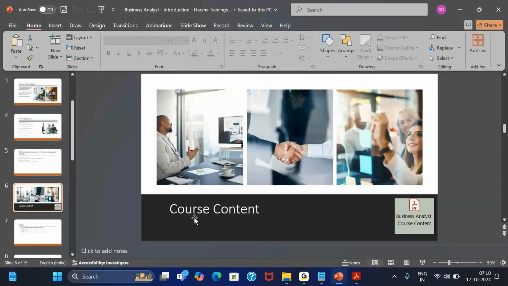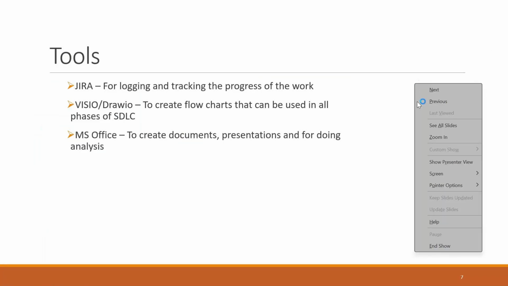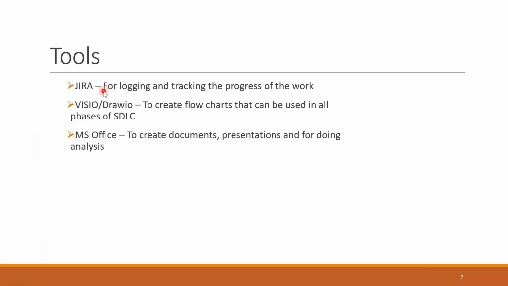Now, along with these technical topics, there will be certain tools that we will be discussing as well. For example, we will be talking about Jira. Jira is the tool where we will be creating all our epics or user stories, or basically managing the product backlog. So how do we use Jira? What options of Jira do we mainly scroll through?